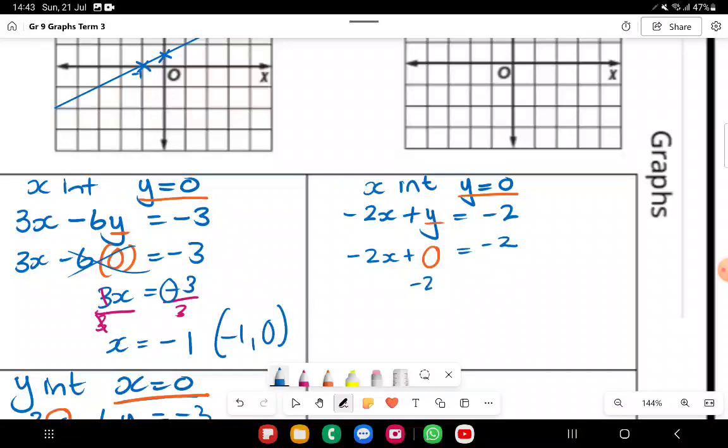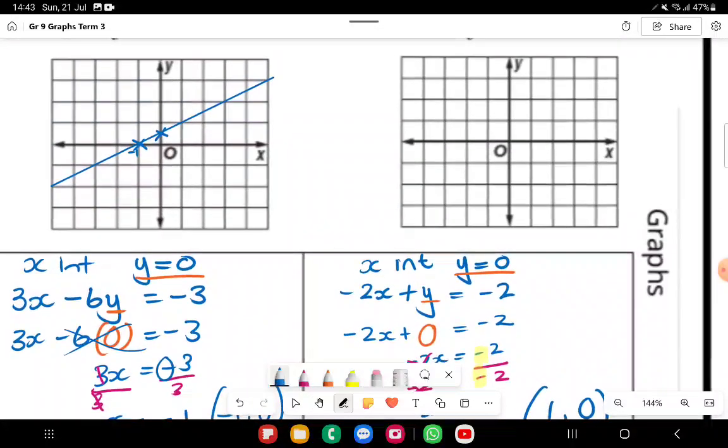So -2x equals -2. And I get rid of this -2, so I divide both sides by -2 so that that cancels out. And then x equals +1 because minus and minus make plus. Now I have the coordinates 1, 0. So I can put that in when x is 1, y is 0.